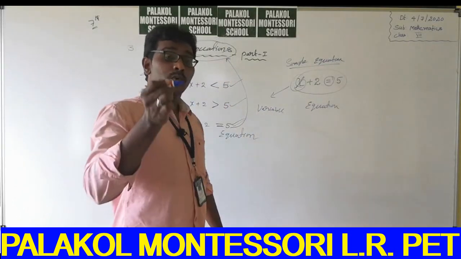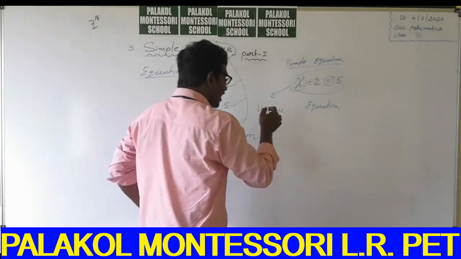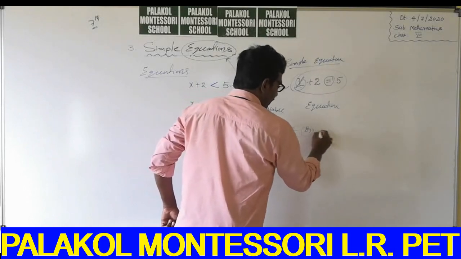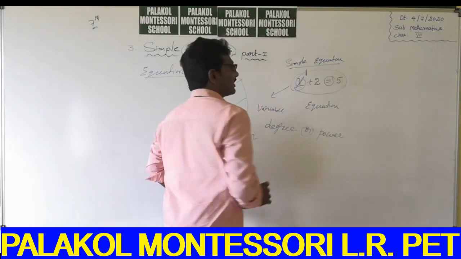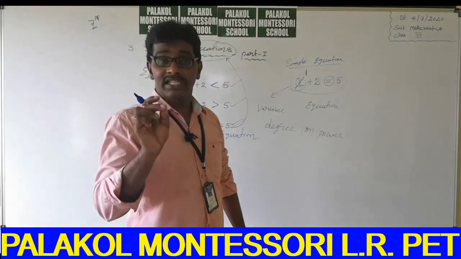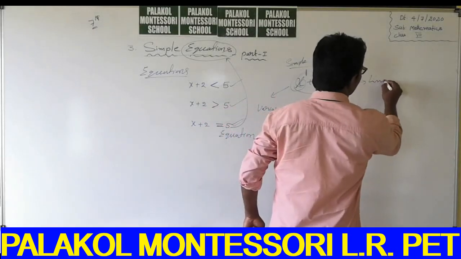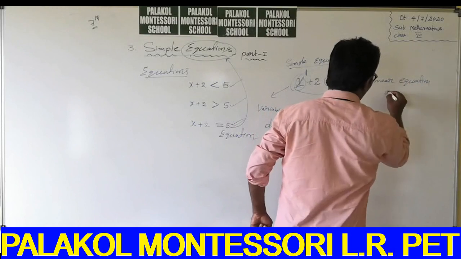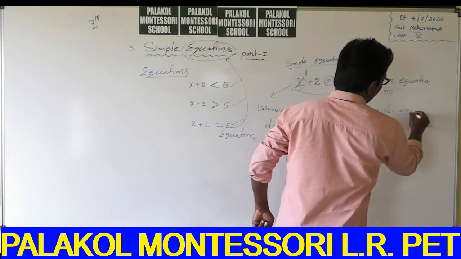Which variable is there in this sentence? x. The degree or power is at most 1. That type of equation is called a linear equation or simple equation.